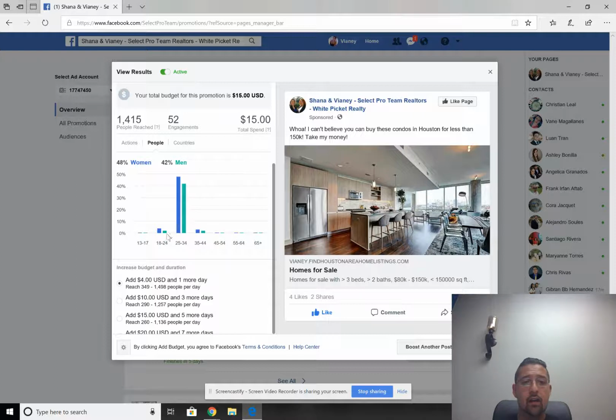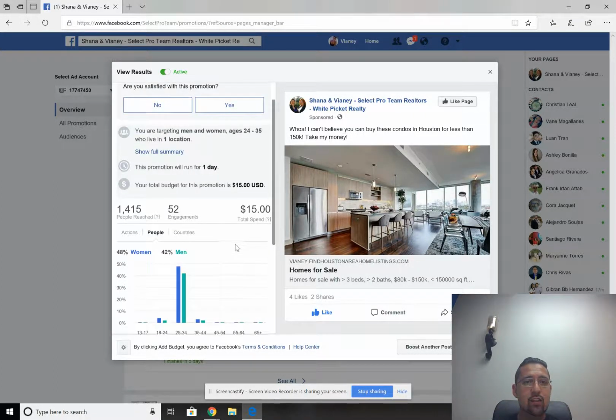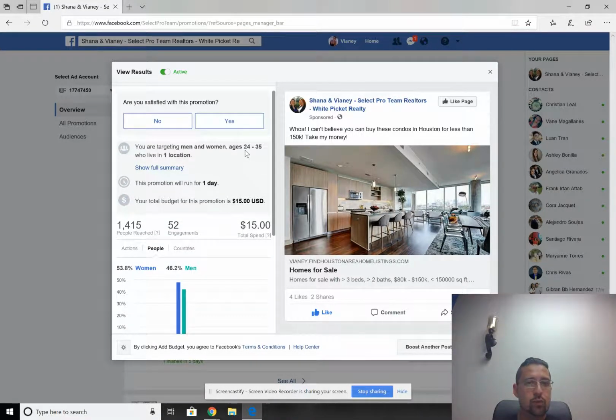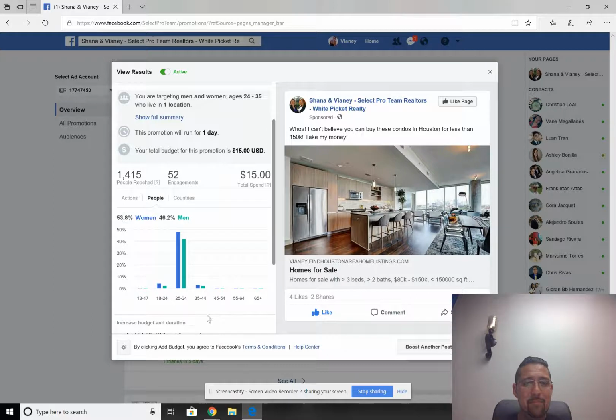Now, you see here in our age range, 25 to 34 is the age range at which people were actually looking at it. And we picked 24 to 35, so that makes sense that the majority are in that age range. A few down here, the 24-year-olds, and a few over here, the 35-year-olds. But even on these, you can see the women were the ones who were primarily looking.